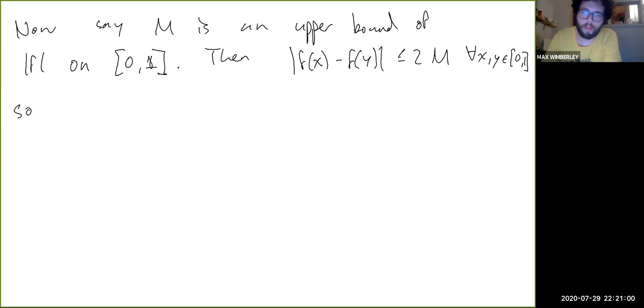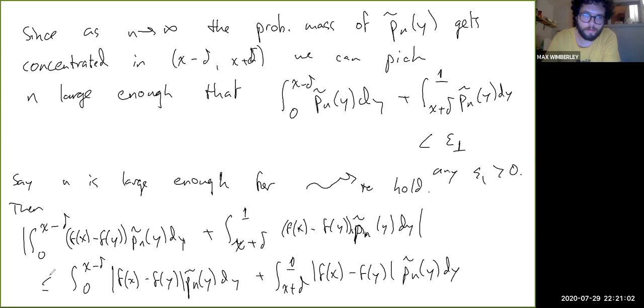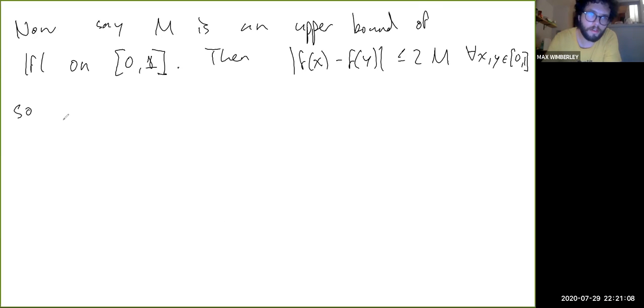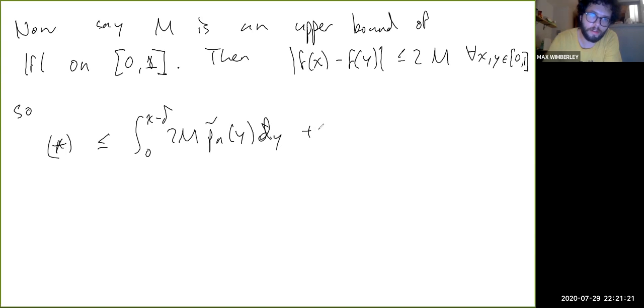So if we call this whole thing star, star is less than or equal to the integral from 0 to x minus delta of 2M Pn tilde of y dy, plus the integral from x plus delta to 1 of 2M Pn tilde of y dy.